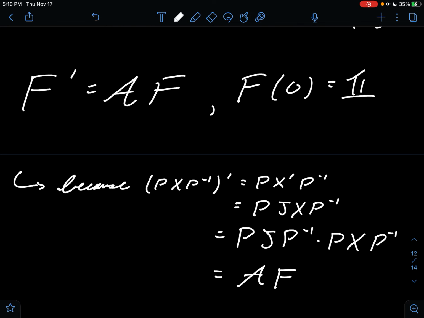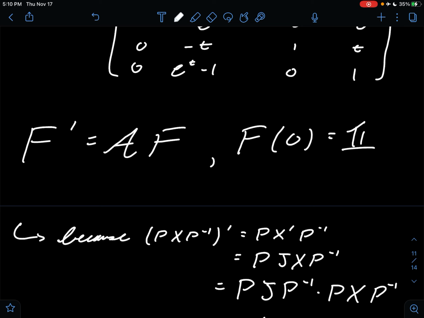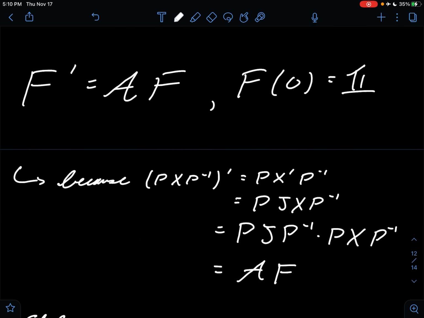Because the fundamental solution matrix is equal to PXP inverse. If we take the derivative, we get this. We get this because X is the only thing with t's in it. P and P inverse are constants. We know that X prime is equal to JX, so we can replace that.